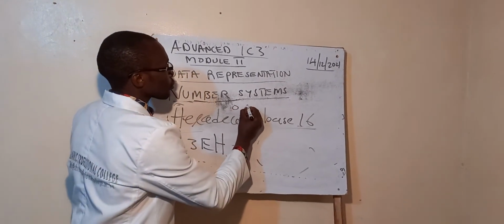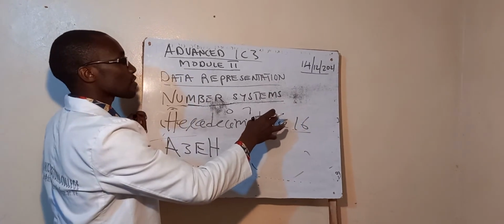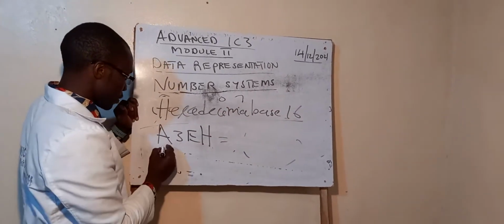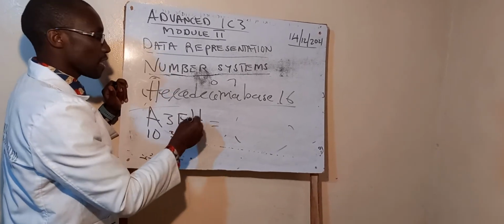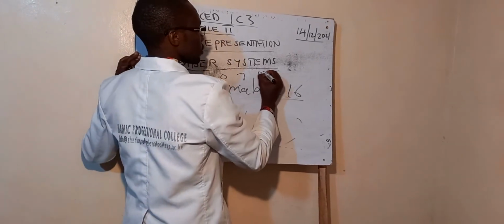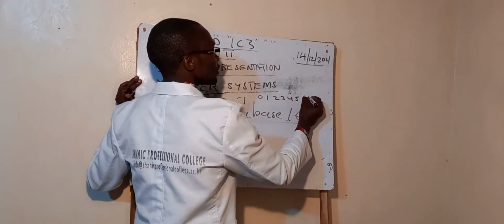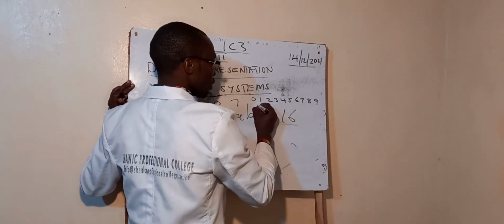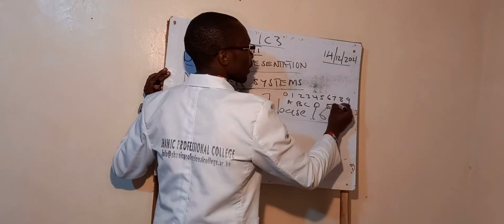From 0 to 9, A stands for the value of 10. So we have 10. 3 is 3. Then E stands for the value of 14, from the numbers 0, 1, 2, 3, 4, 5, 6, 7, 8, 9, A, B, C, D, E, F.